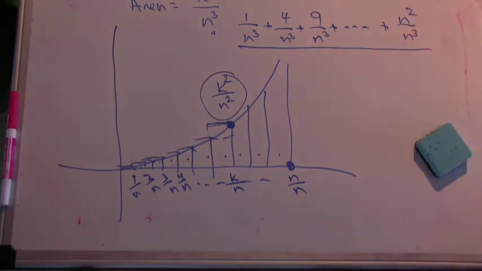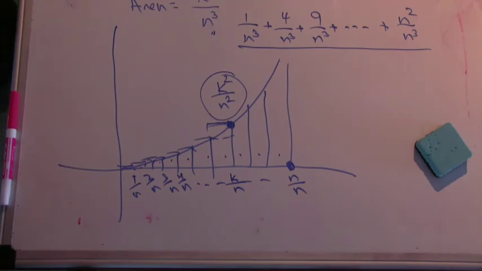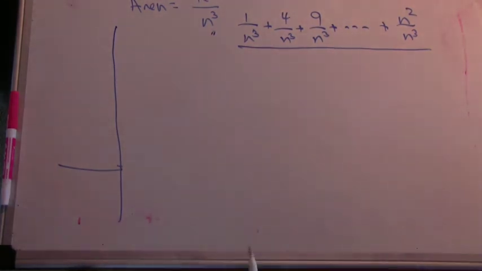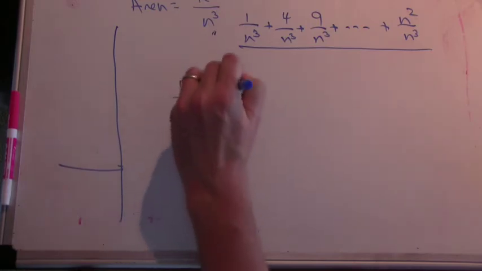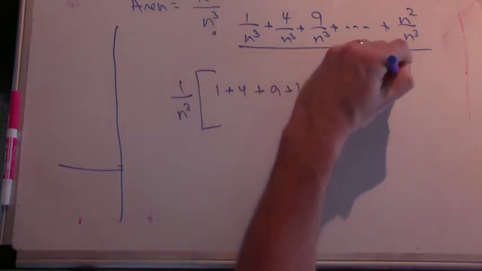So what can I do with this sum? Well, since you have a common denominator, it's the sum of the squares. It's 1 over n cubed times 1 plus 4 plus 9 plus 16 plus all the way up to n squared.